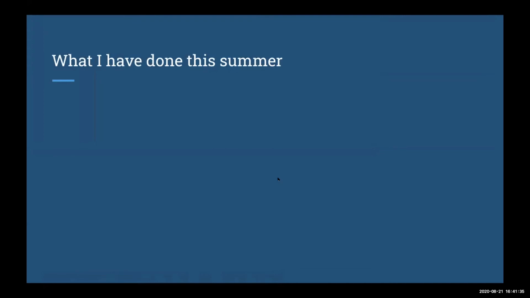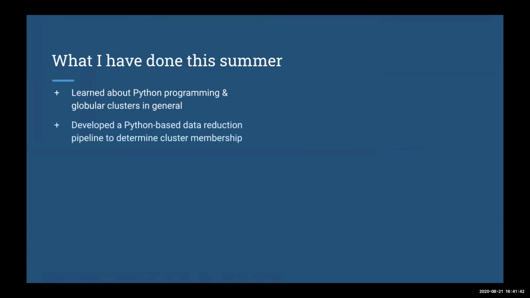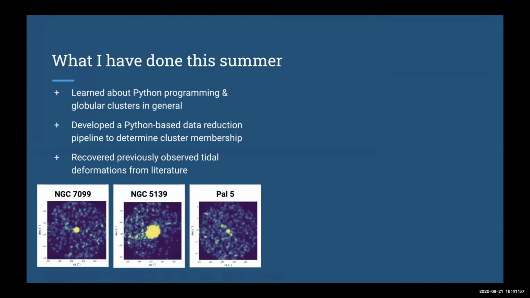So, a recap of what I've done this summer. First of all, I learned about Python programming and also globular clusters in general. And then I developed a Python-based data reduction pipeline to determine the cluster membership, which I used to make all these plots that I showed you just now. And I was able to recover previously observed tidal tail deformations from the literature, these three being the most prominent cases.